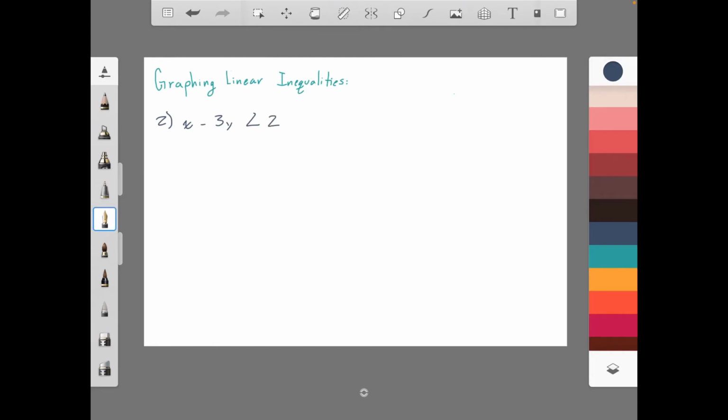I believe I covered this exercise in one of my past videos because it is a very good exercise to review. It contains basically everything you need to know about linear inequalities. So now I'm going to show you how to graph it.